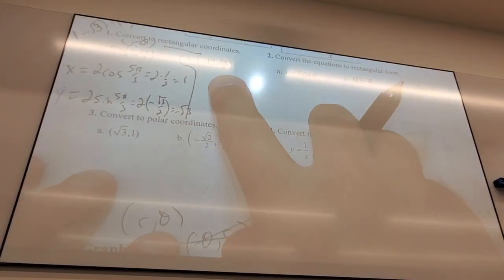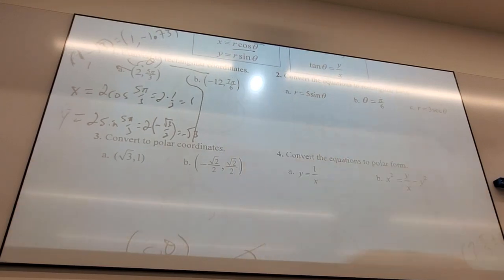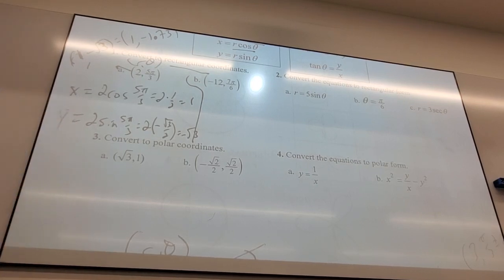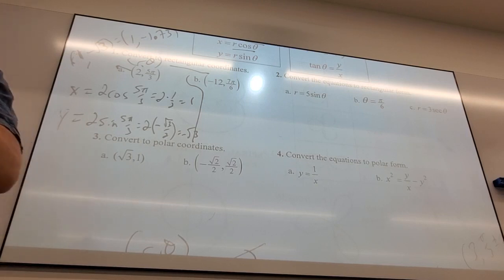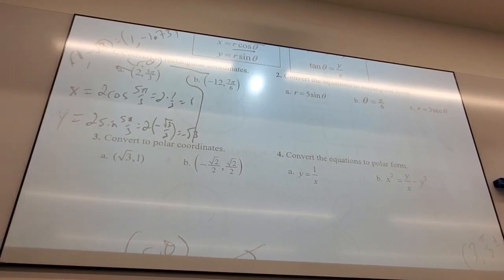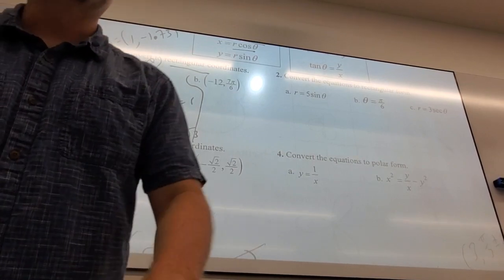So you guys do part B real quick, if you haven't already. I gave so much room on this worksheet, so you might have to use another sheet. Has everybody got this sheet? Anybody need one? Yes, okay.